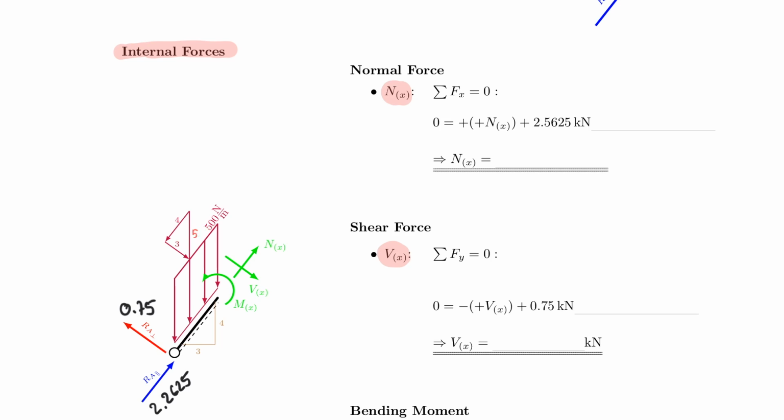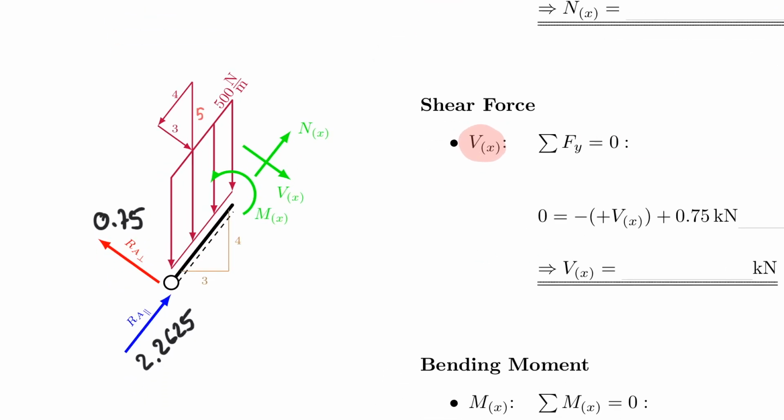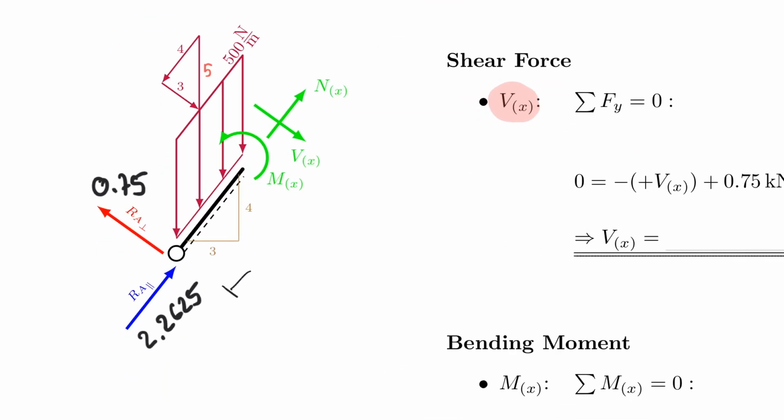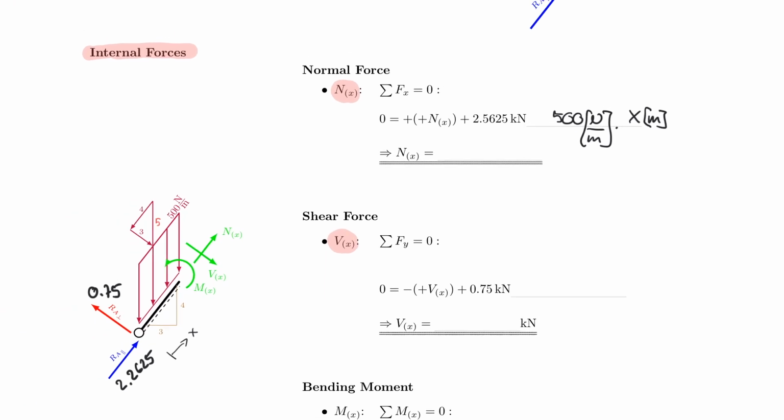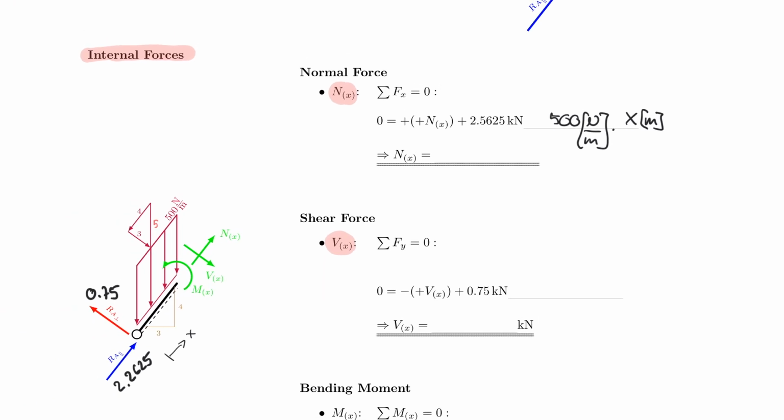And how do I do that now? I guess it's easiest to have the 500 Newton per meter multiplied by x meters, because keep in mind that x is running in this direction. So this is where x is running now. But I also have to account for the part that is only parallel to the member.